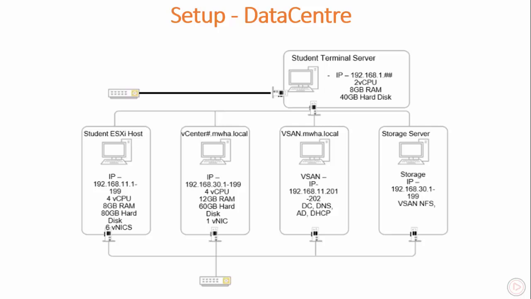Now, the ESXi host is nested. That means that the ESXi host I'm using is not installed on a physical server. It is a virtual machine, because I want you to see that that is possible so that you can do this from home as well. I've got a vCenter that I'll be making use of. I've got an Active Directory controller that I call a vSAN that has NFS.